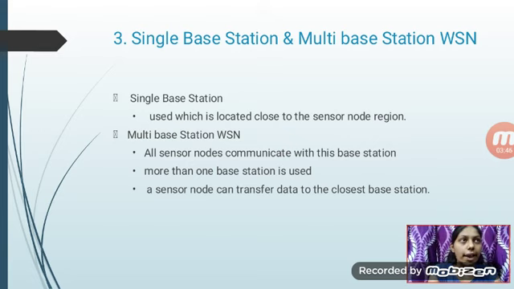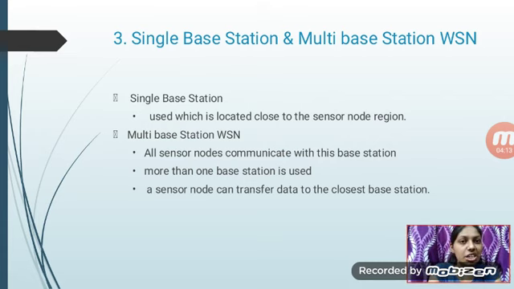The base station sends commands to the sensor nodes to perform some task, and after performing the task they collect the necessary information and send the data back to the base station. We can also say that it acts as a gateway to the other nodes, and it collects data from the sensor nodes and, after processing, sends data to the user.